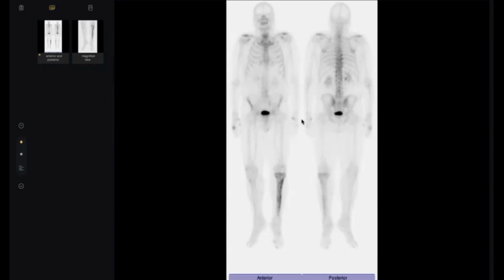Given this raised uptake in the left proximal tibial region, I am thinking of an infective etiology. I would ask for the history of the patient. I'm thinking of osteomyelitis in the tibial region, if there is a history of fever.